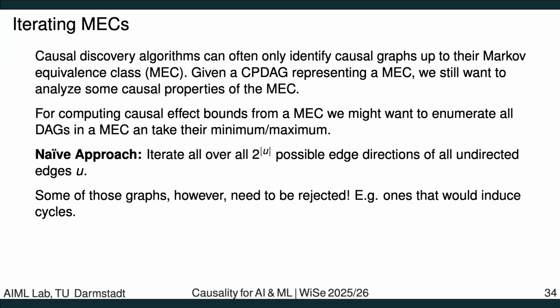So the most naive approach is we look at our CPDAG, look at all the undirected edges, and direct them in every possible combination. First we start out directing them all in one direction, then we flip one edge, then we flip two edges, and so on, and iterate over all of them.